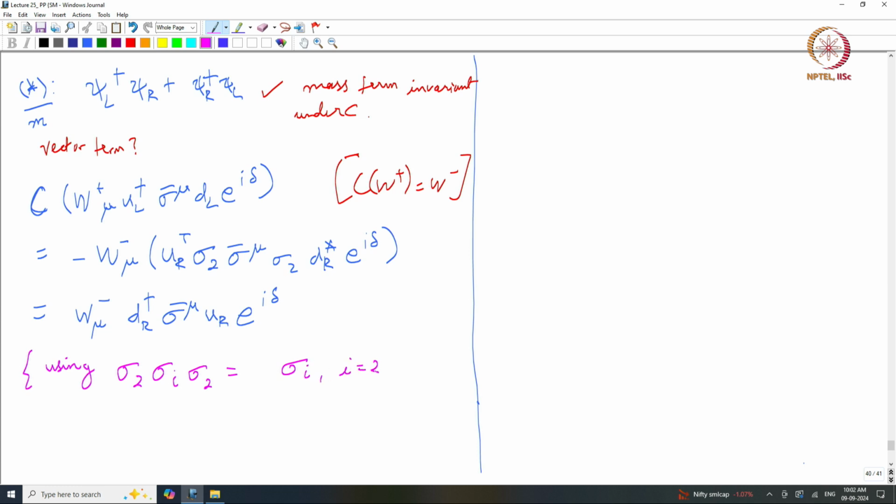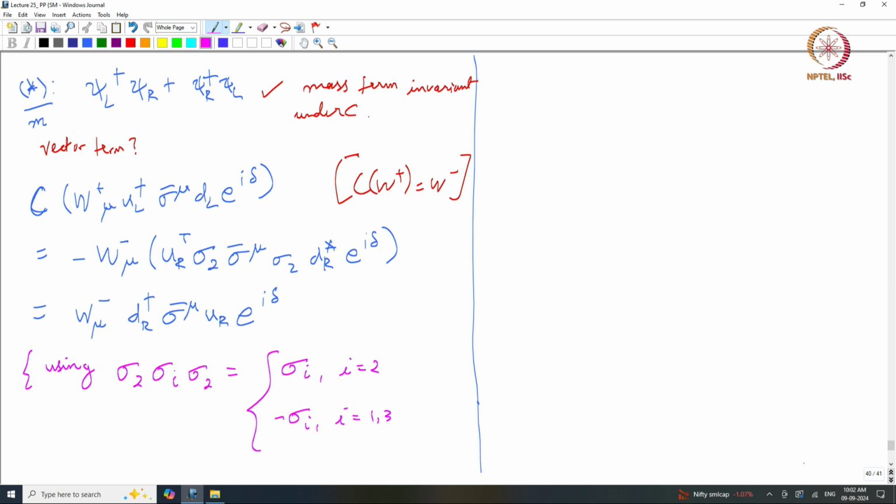That is trivial, right? Because sigma 2 times sigma 2 is just identity, and then I am left with one more sigma 2, right? But it turns out to be minus sigma I for I equals 1 and 3. This is also trivial. Why? Use the anti-commutation relations, or yeah, exactly, use the anti-commuting properties of Pauli matrices, and you will see that I will have to switch the sigma I and the sigma 2, picks up a minus sign, sigma 2 square is identity.